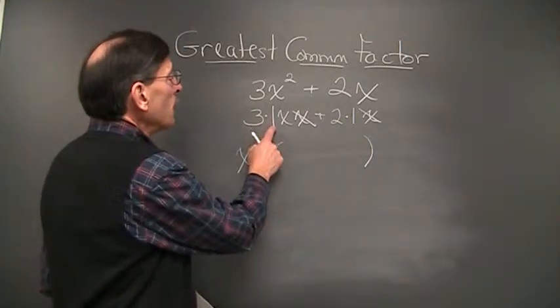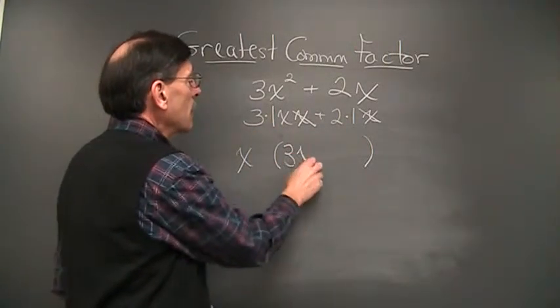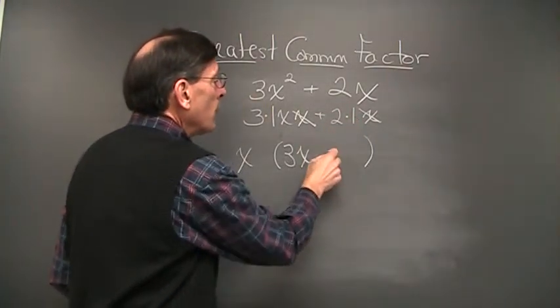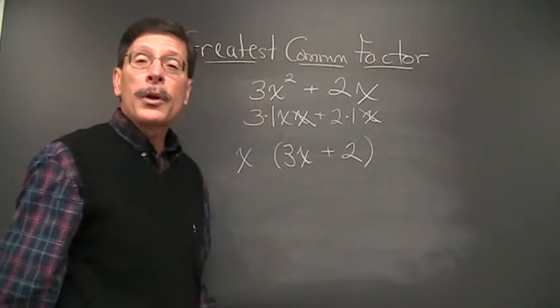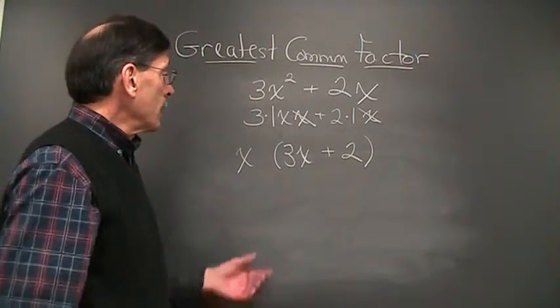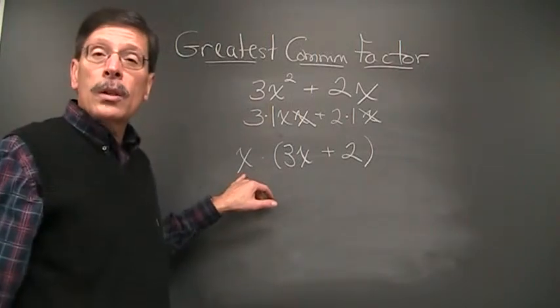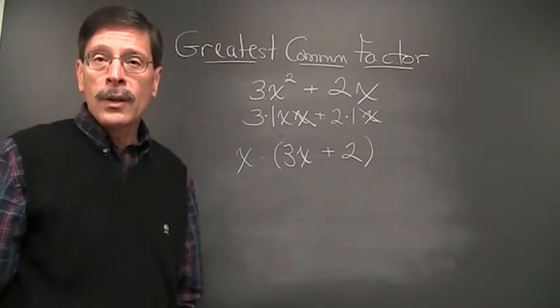So 3 times 1 is 3 times x is 3x. Plus 2 times 1 is a positive 2, and we are finished. I've factored my original expression, and x is called the greatest common factor for this problem.